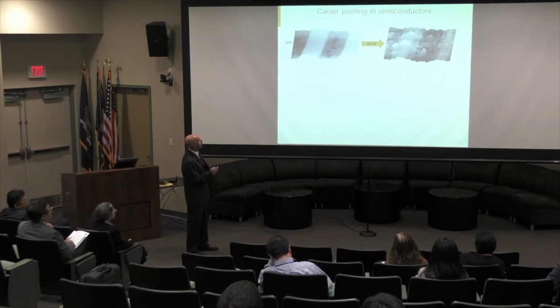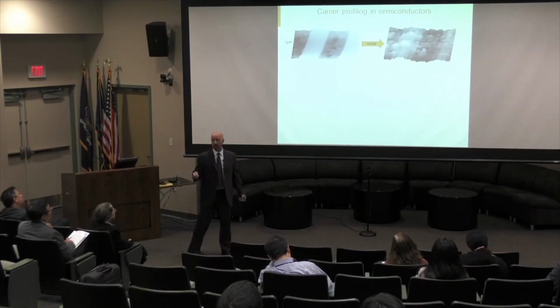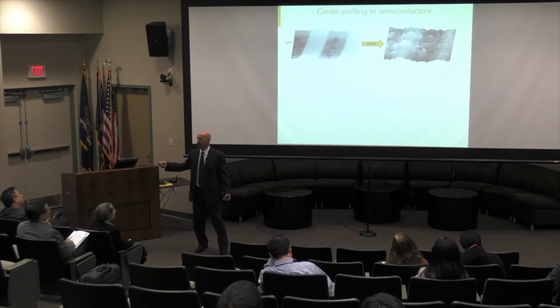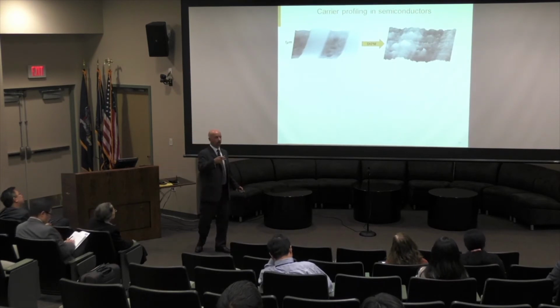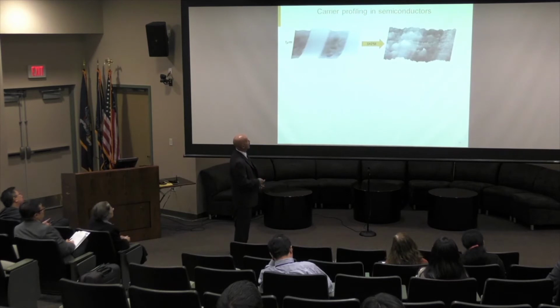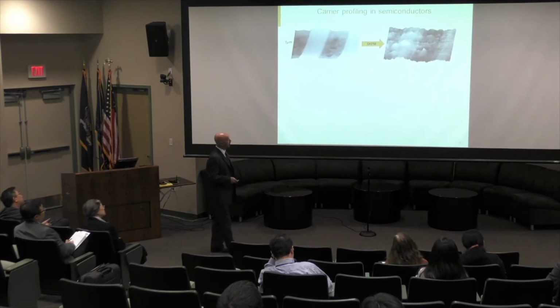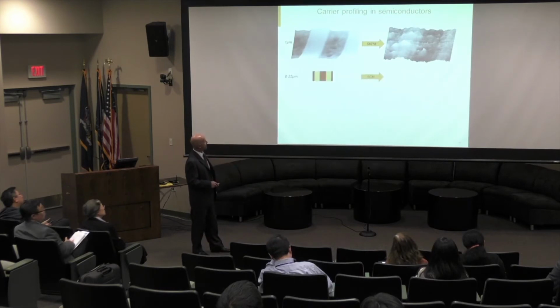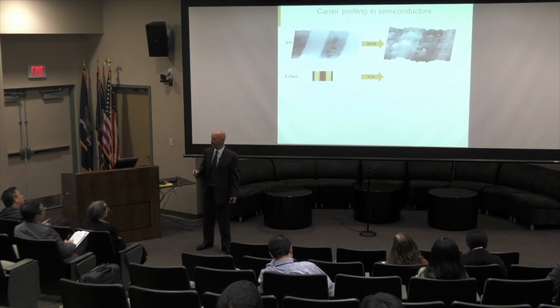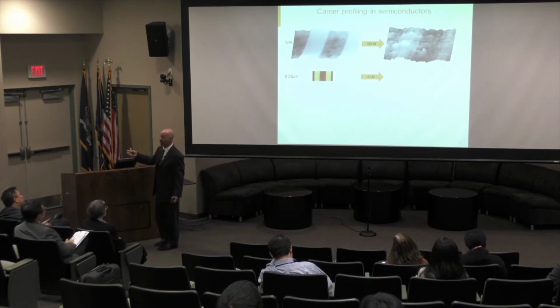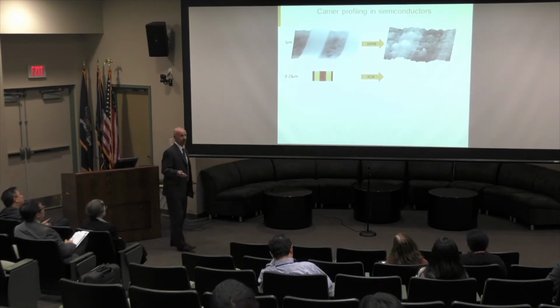So let's talk a little bit about how carrier profiling in semiconductors has progressed. I talked about the importance of knowing where the dopants and where the carriers are in the finished device. Here we are, scanning Kelvin probe microscopy, using a non-contact approach. And now with this quarter micron device, we transitioned to scanning capacitance microscopy. I was very fortunate to work with one of the inventors of the scanning capacitance microscope.